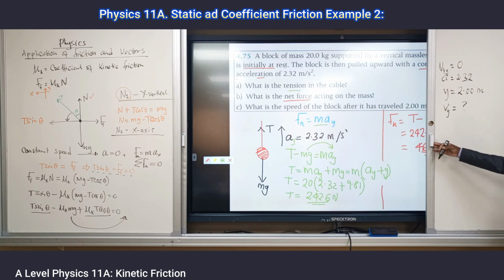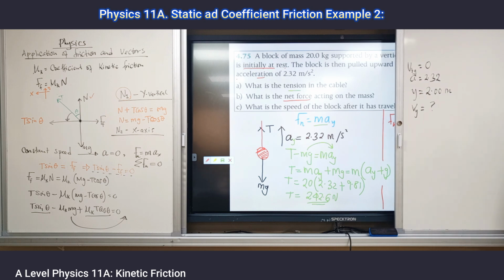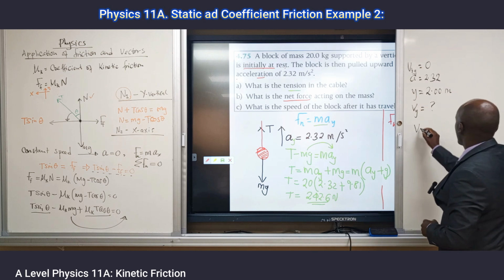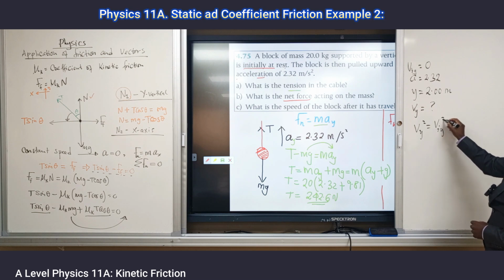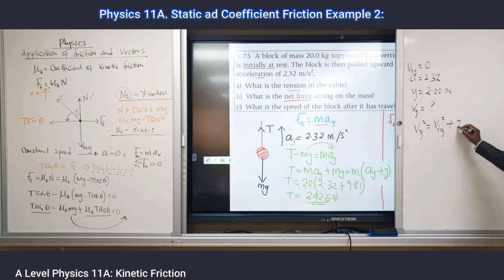So which is the best equation to use here? v final squared is equal to v initial squared plus 2 a along the y, changing y. Because we are given the acceleration here, we already have acceleration.